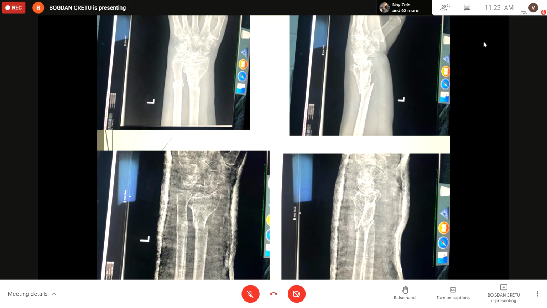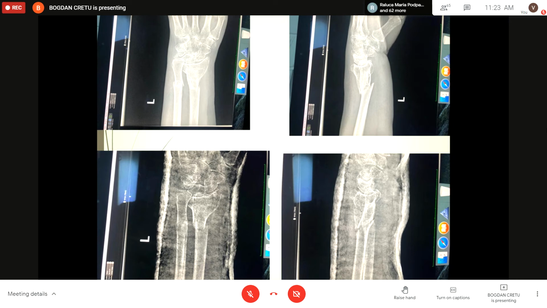I wanted to ask you, your colleague told me earlier that this is a cast and not a splint. How did you know? Can you tell your colleagues, because it is important?